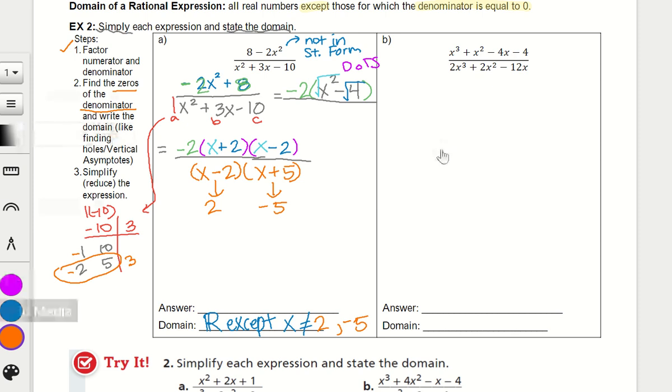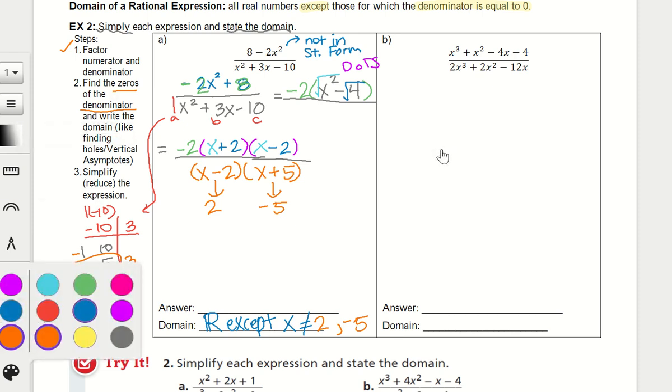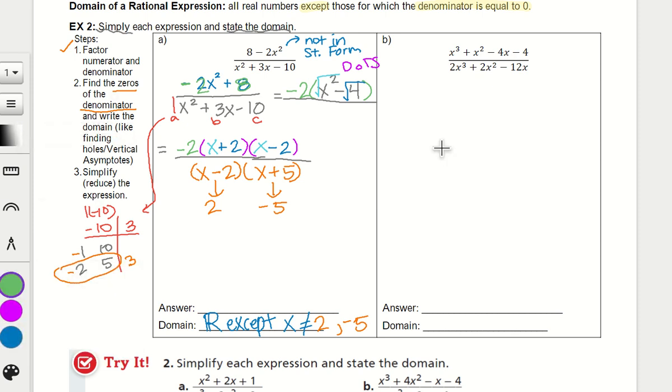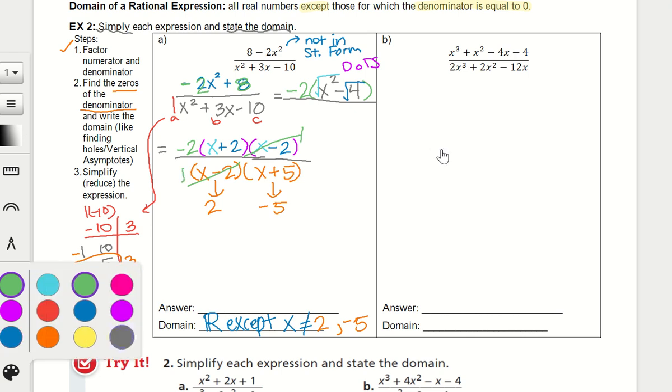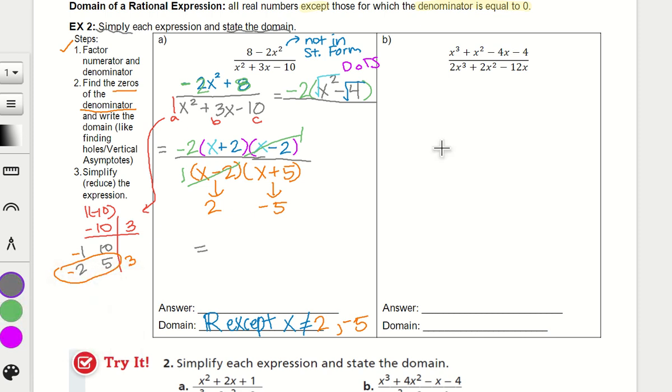So my last step is to simplify or reduce my expression. So in order to simplify, remember that means that if I have the same factor in the numerator as the denominator, that I can reduce, that those divide to 1. So that means that I'm left with, in my numerator, a negative 2 times x plus 2.